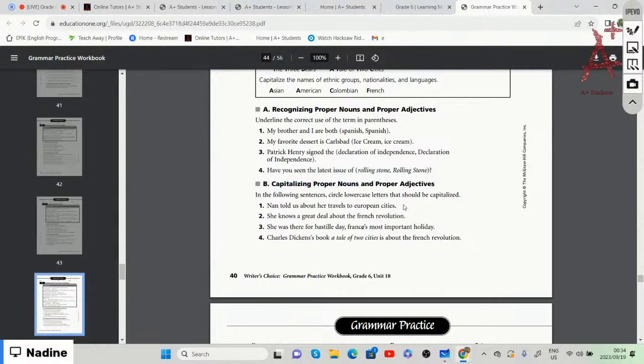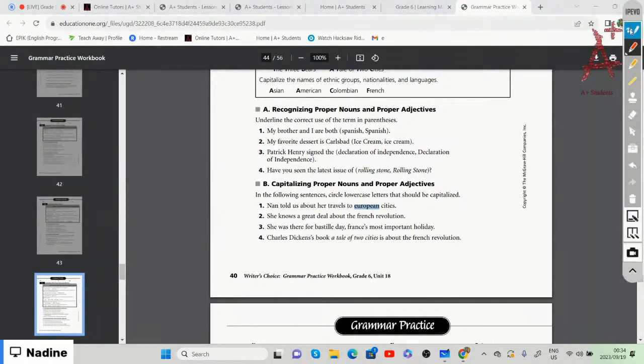So if we look at the word European, Nan told us about her travels to European cities, which means that that is a word that will be capitalized.